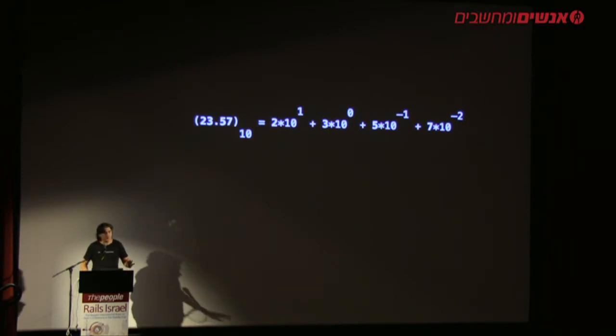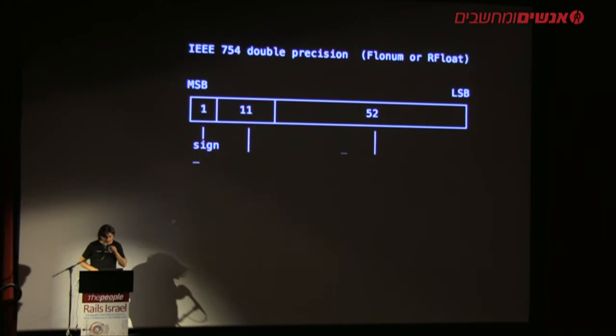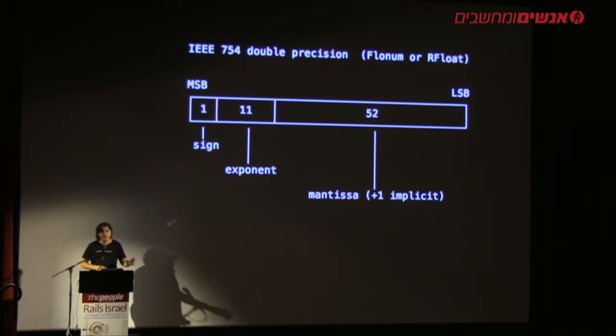So you all know this, but just to give context to the presentation, remember the positional system. So we have this number here in base 10, and this is the notation: these are the digits, and these are the exponents of the base, or radix, right? And for the fractional part, you go with negative exponents, you know? All right. So you probably know this is the internal representation of doubles in the computer.